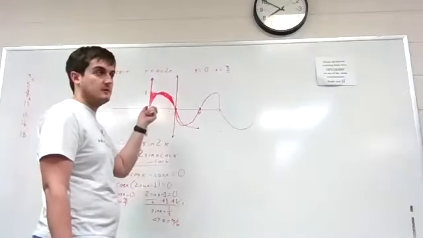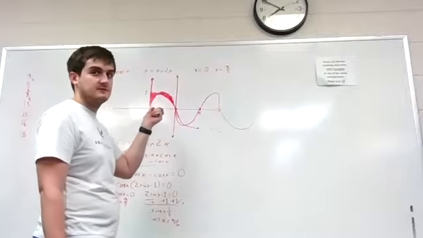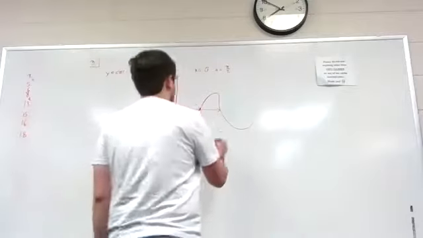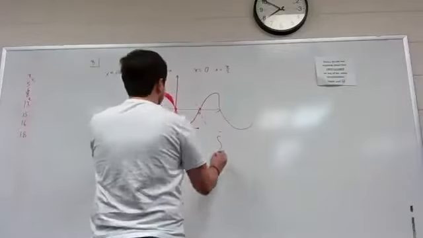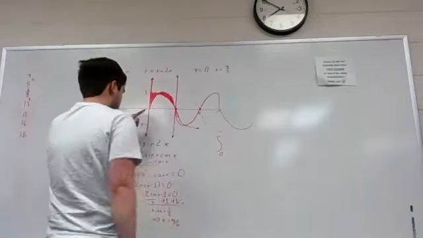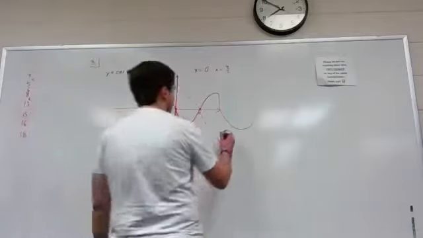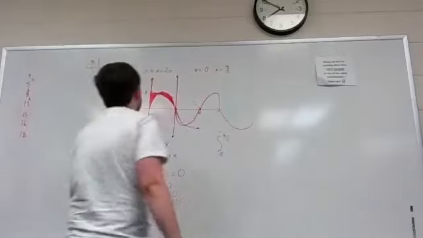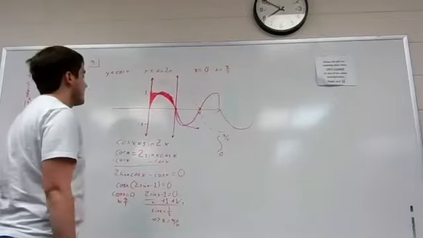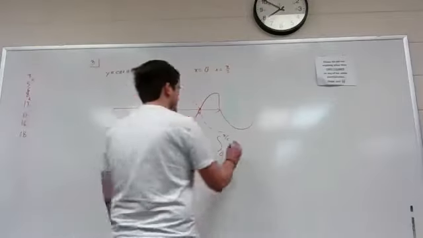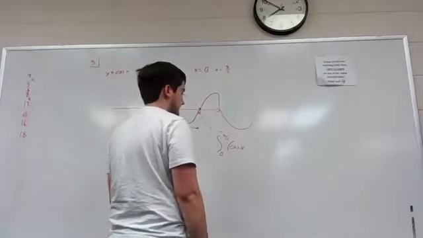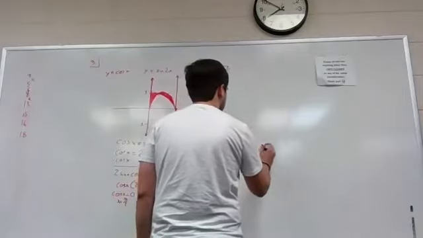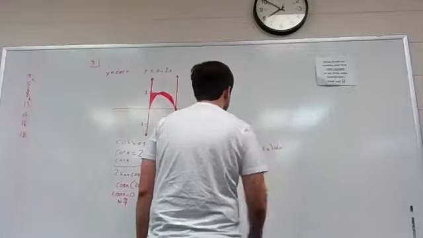Okay, so I have to do how many integrals? 2. Okay, so the first integral is going to go from 0, right, to what? Pi over 6. Okay. What's on top? Cosine x. Good. And what's on the bottom? Good.